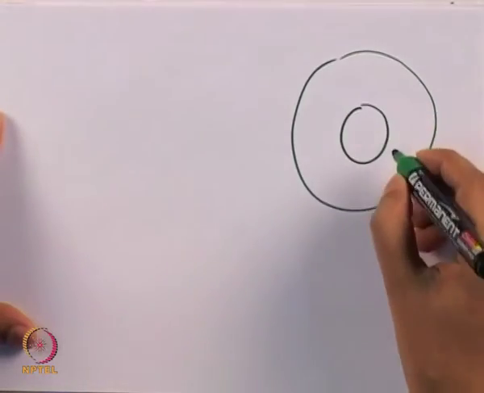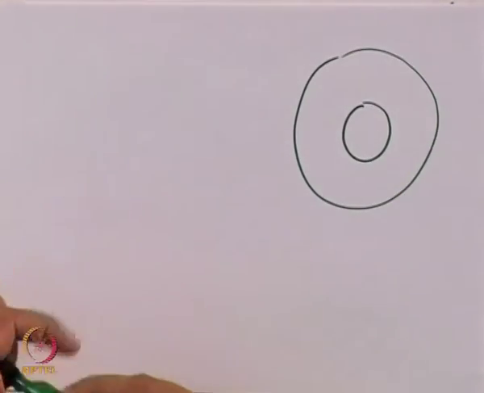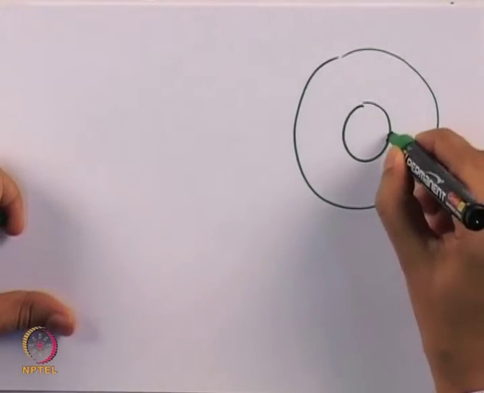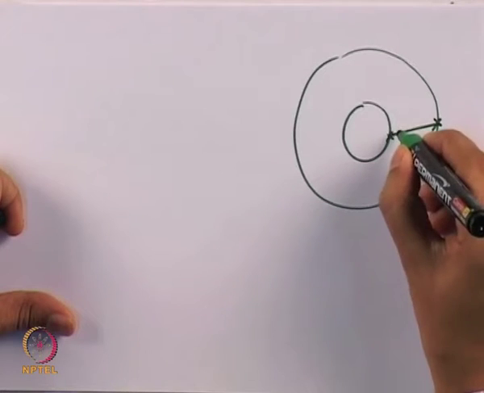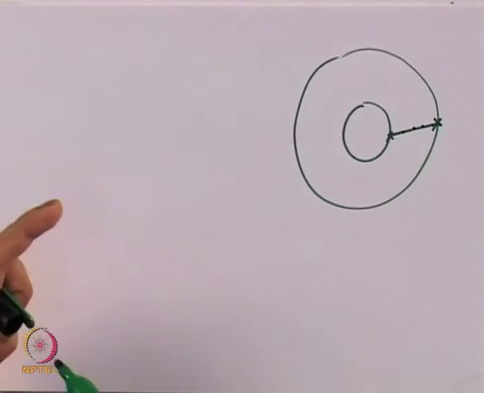We had an inner conductor and an outer conductor, and we had points sitting in the radial direction. We had several points, several nodes.